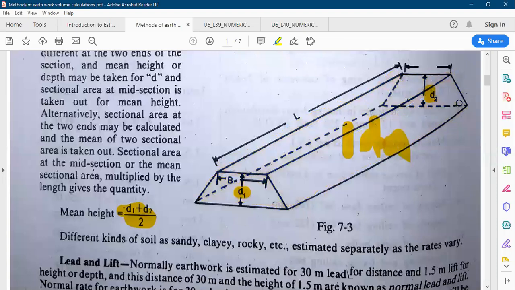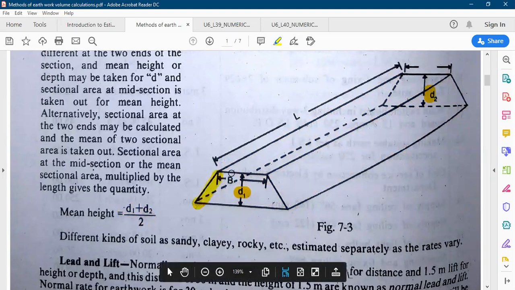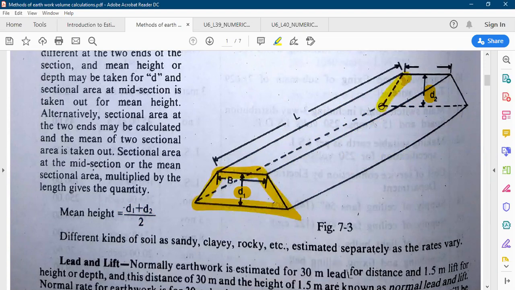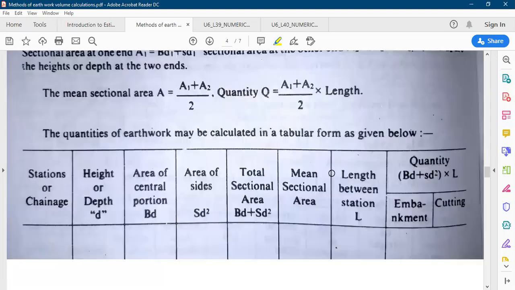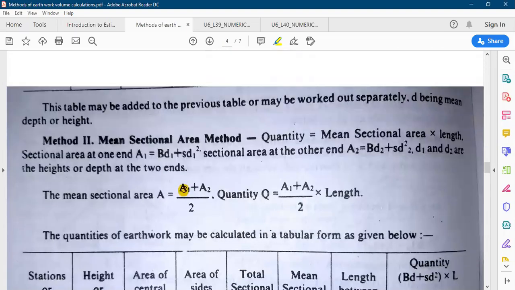Another one is the mean sectional area method, right. So we can calculate the area of the first cross section, that is A1, using this D1. Similarly, we can calculate the area of the second cross section, A2, using depth D2, right. Later we can take the mean area, A1 plus A2 divided by 2.